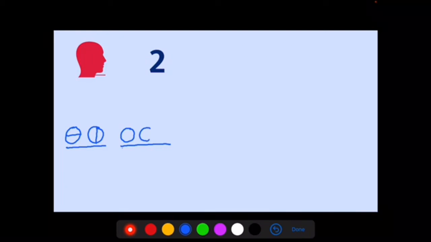N, A, N. So I had a long vowel sound in the first syllable right at the end, and I had a short vowel sound in the second one. K, followed by O, and it's the same rule.